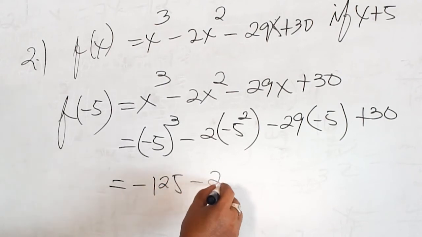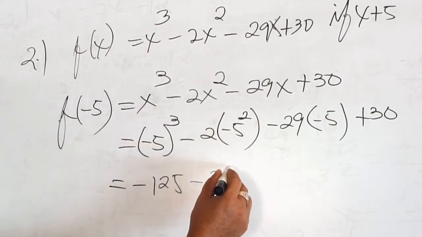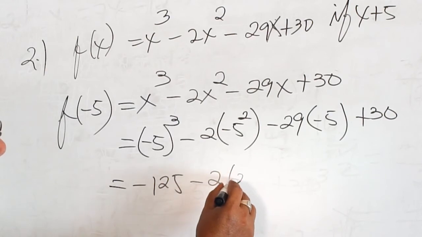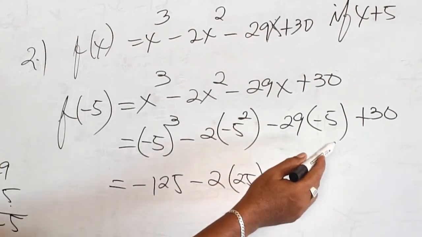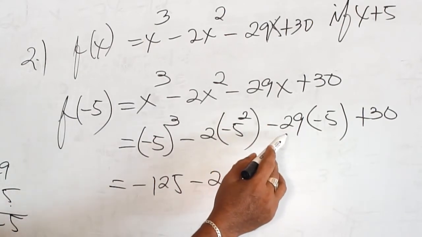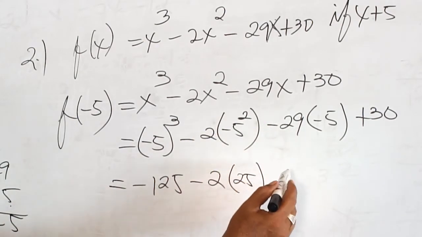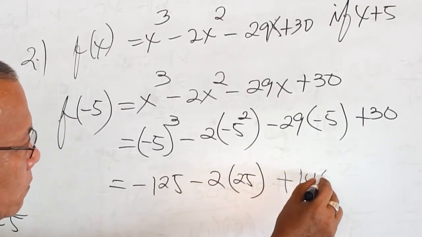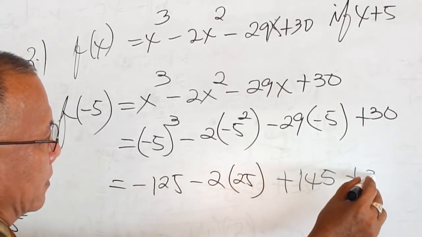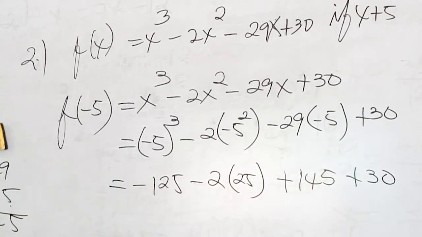Then negative 2, the square of negative 5 is positive 25. Then, when you multiply negative 5 times negative 29, the result is positive 145. Then positive 30.